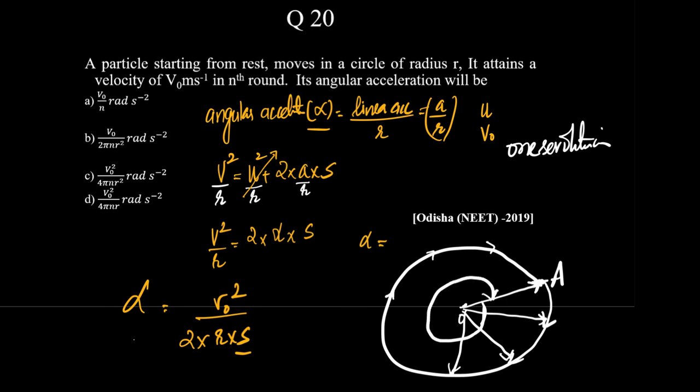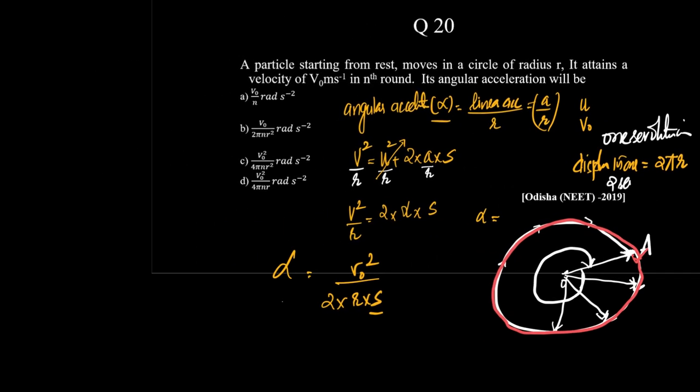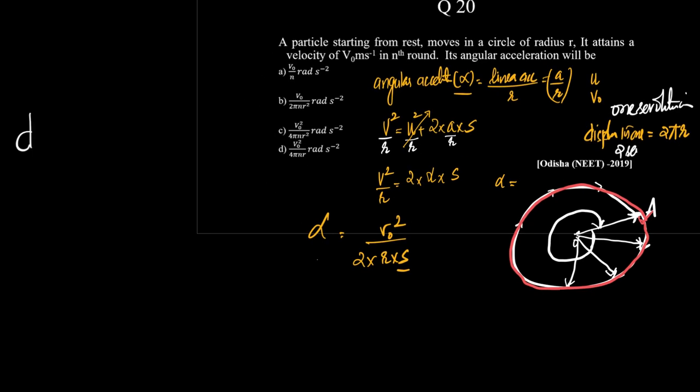So what we can say is, displacement in one revolution is actually 2 pi r, because it has moved this complete distance, and this distance is actually the circumference of the circle. So if displacement in one revolution is 2 pi r, what is the displacement in two revolutions?